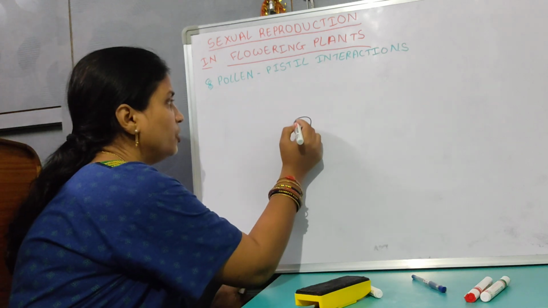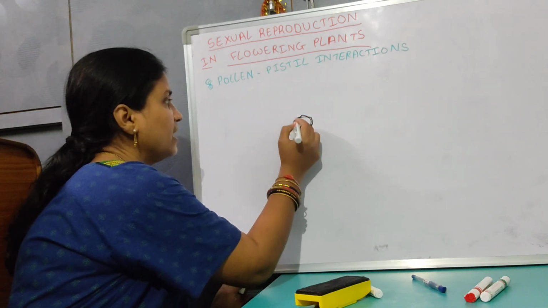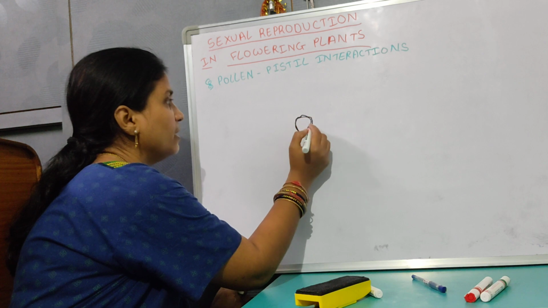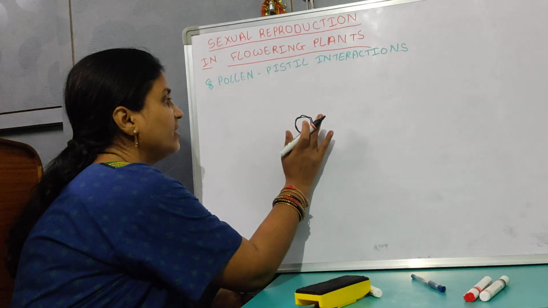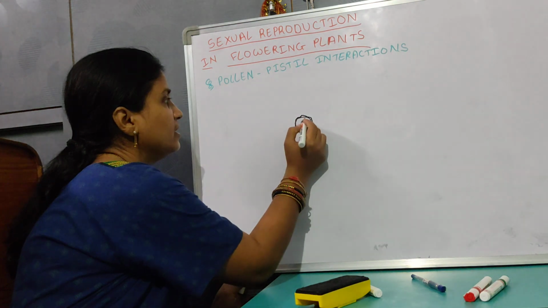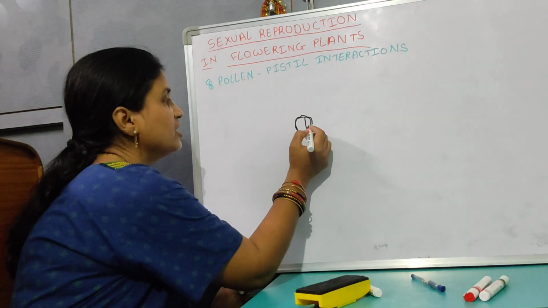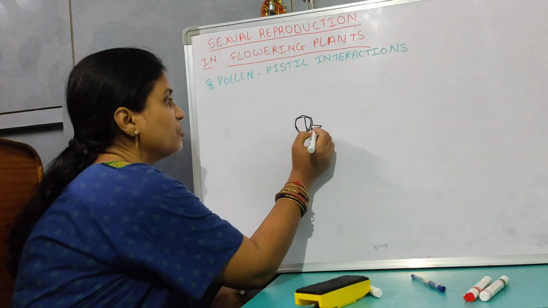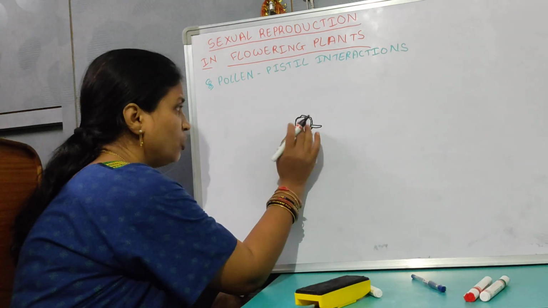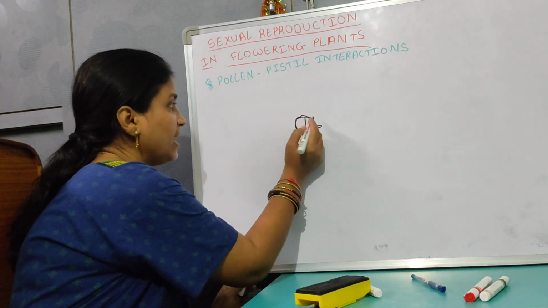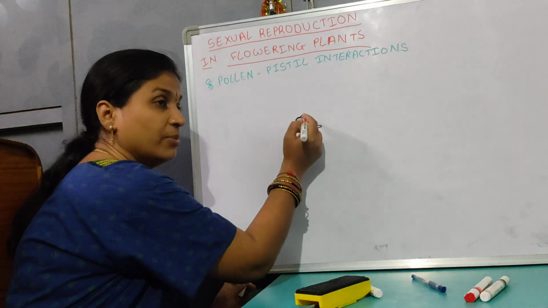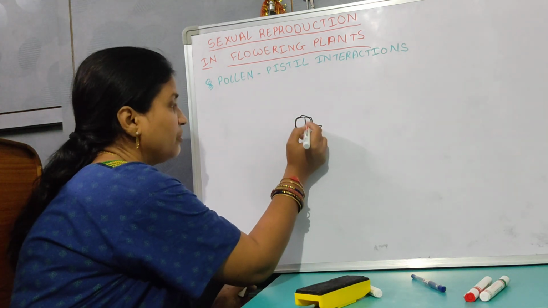So when the pollen grain germinates, it develops into a pollen tube, and the generative cell divides mitotically and develops into 2 cells.